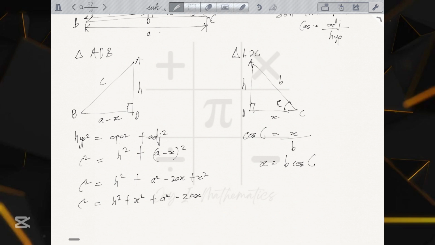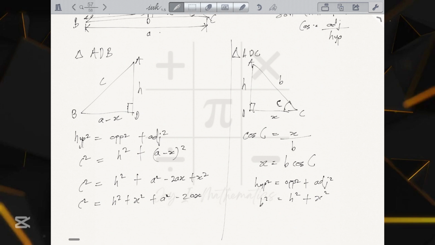Now if you come back to triangle ADC and apply Pythagoras' theorem, the hypotenuse squared is equal to the opposite squared plus the adjacent squared. The hypotenuse in this case is b, so we have b squared equal to h squared plus x squared.